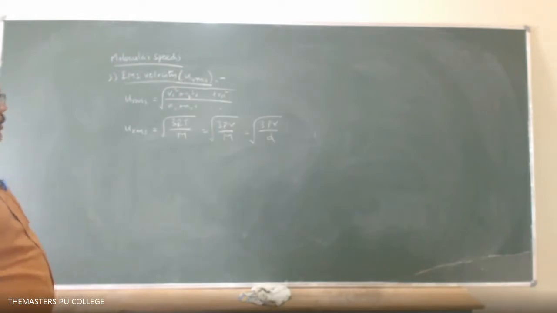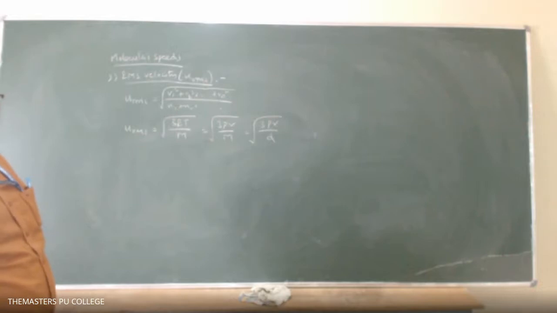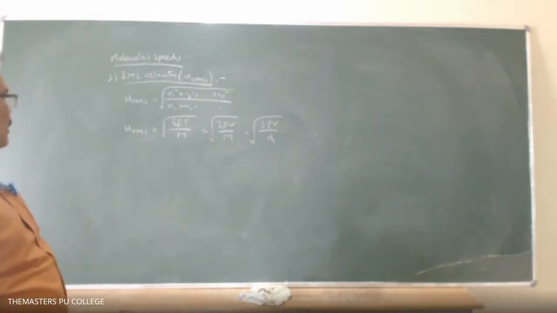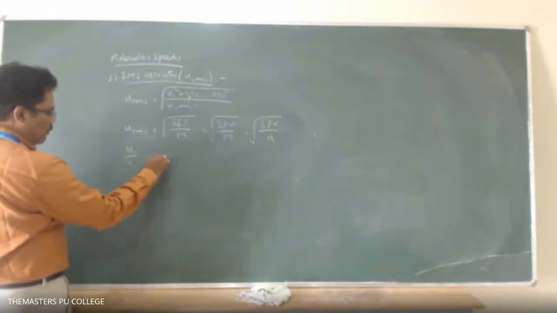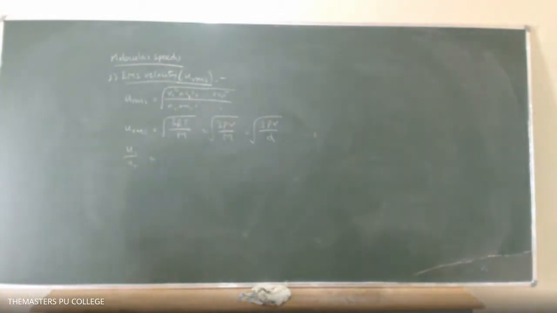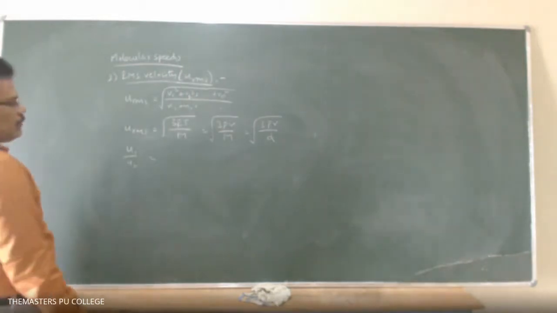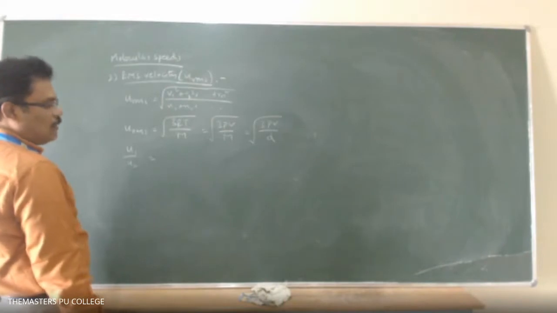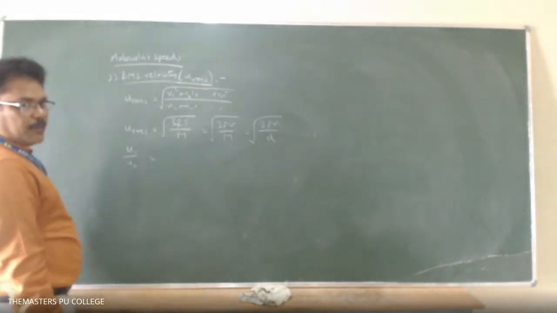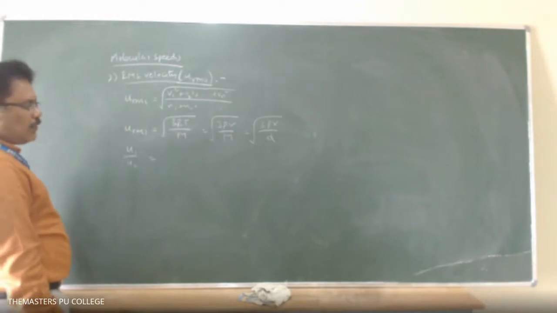If you are taking the ratio of RMS velocity of any two gases, then u1 by u2 equals, at constant temperature, depending upon their molecular weights.